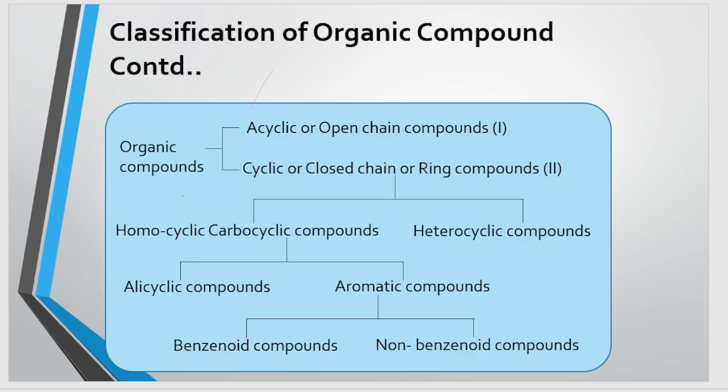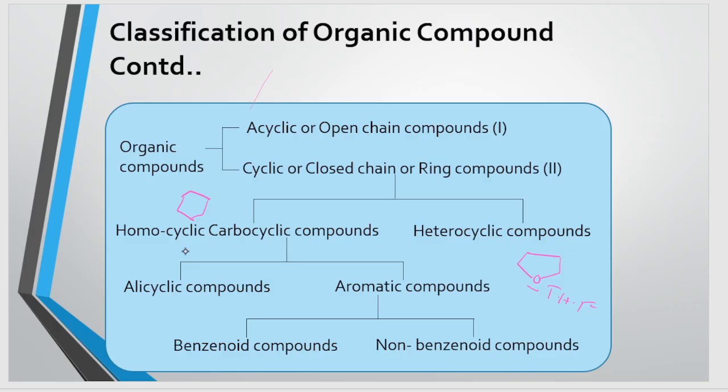Homocyclic compounds means, if we consider this particular compound, all are carbon atoms, hence it is homocyclic. But a compound like tetrahydrofuran, called THF, contains a heteroatom like oxygen, and hence it is called a heterocyclic compound.